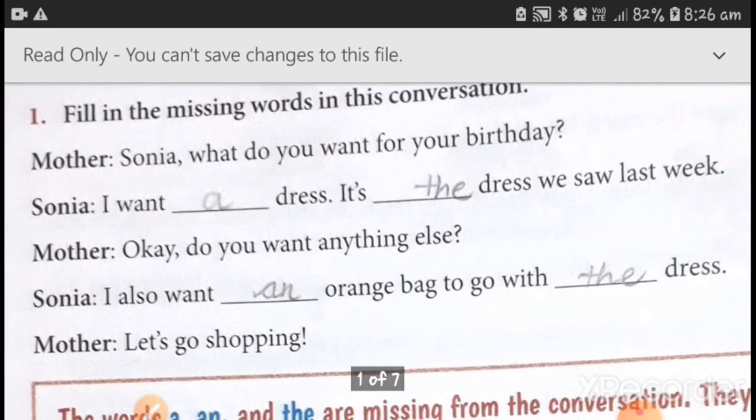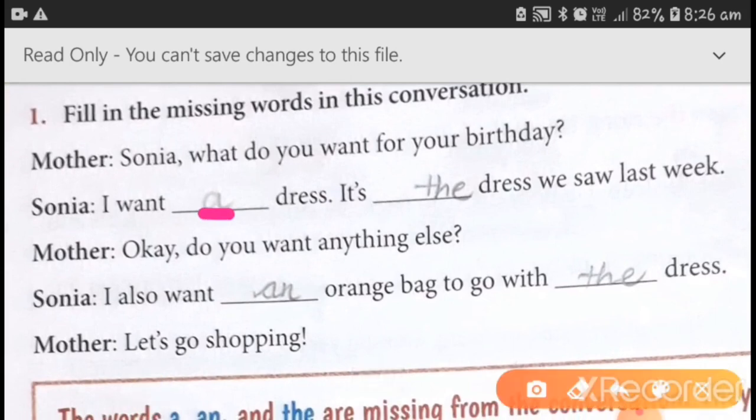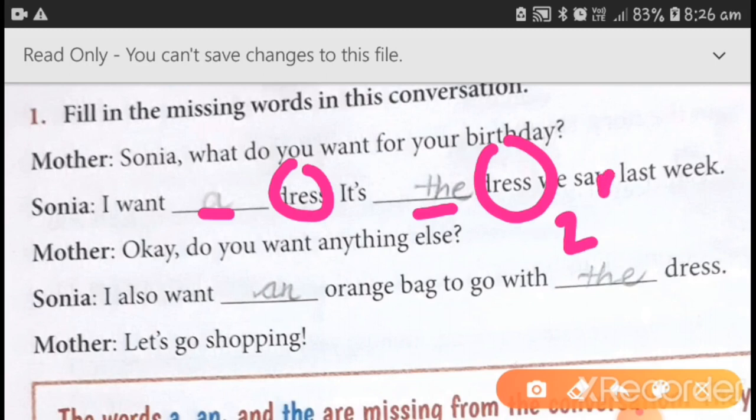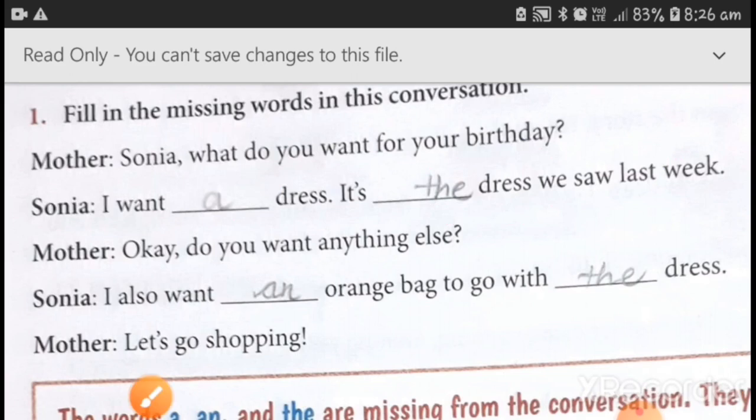Here this is the first time we are using it. If we use the same thing a second time, then we have to use the article before the noun. So here, it is our dress, but the second time we use dress, it means in this we have to use the article. Okay, children?